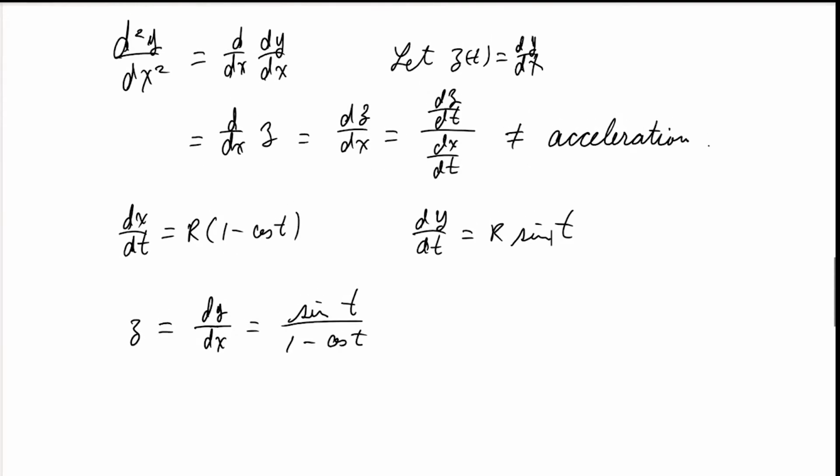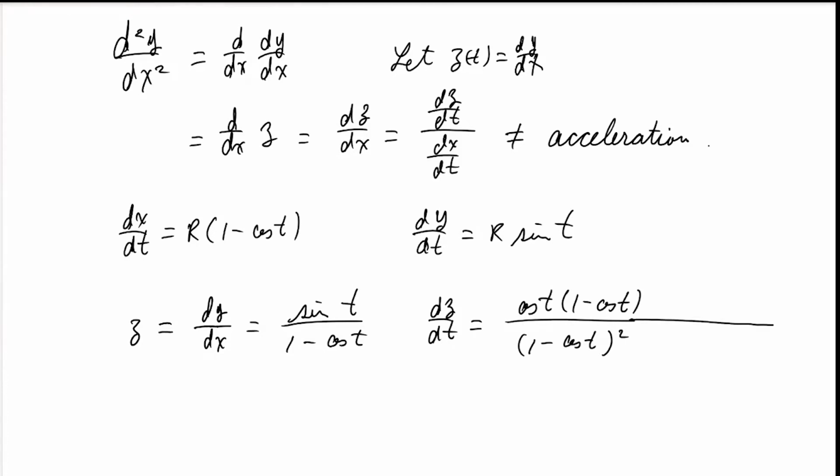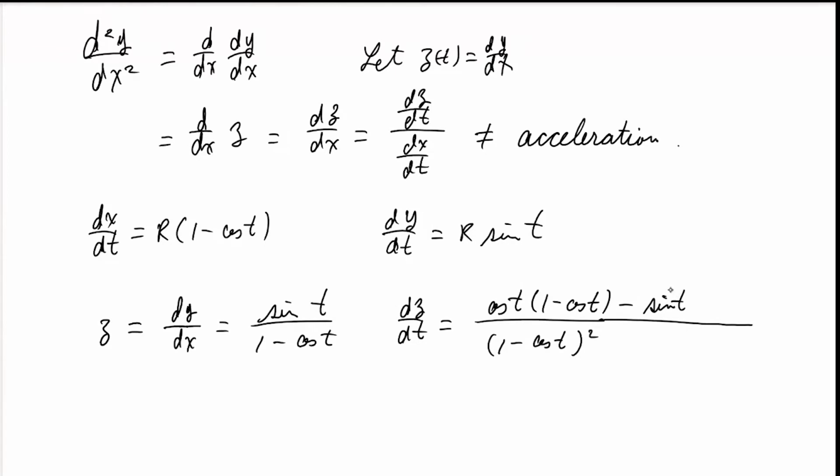Now we're calling this z. That means we can find dz over dt, and dz over dx. Quotient rule, right? It's solvable. u prime cosine t times v, and minus u sine t and v prime derivative, over sine squared t.